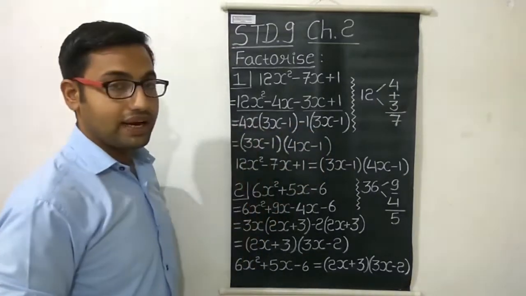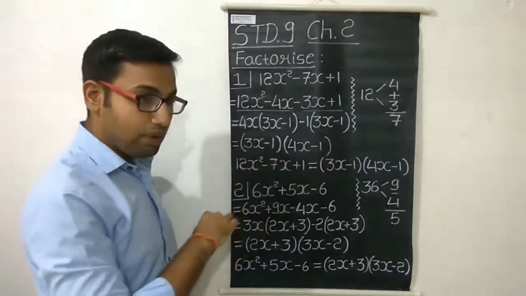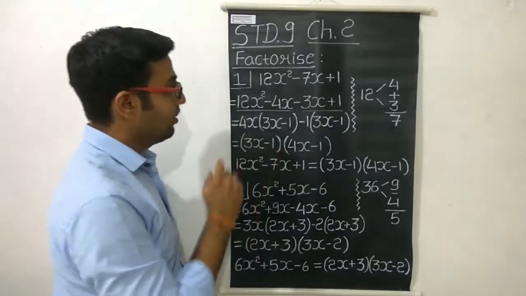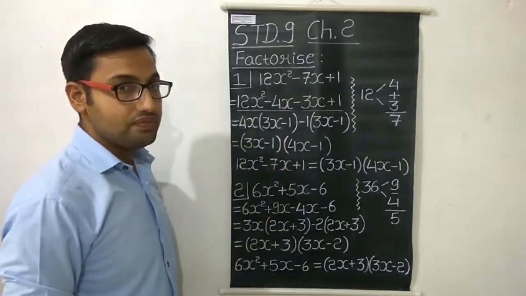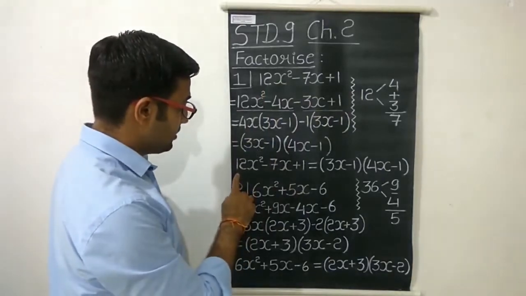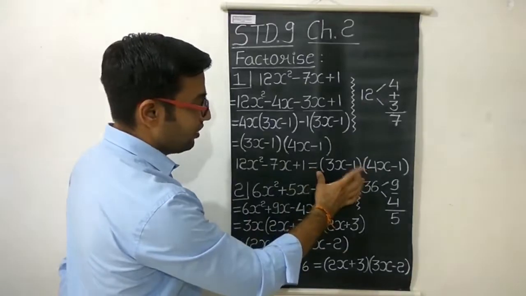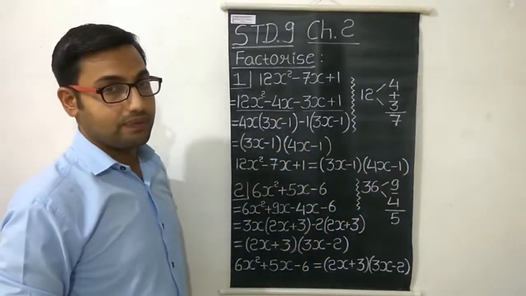Put it in another bracket. So now both these terms are in multiplication. Yes, that is the factorization of 12x square minus 7x plus 1. Right? So we can write down 12x square minus 7x plus 1 is equal to 3x minus 1 as the first factor, 4x minus 1 as the second factor.